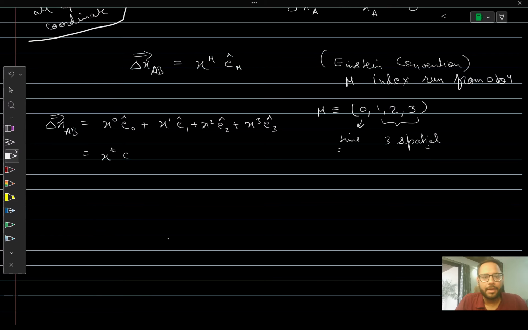The x0 component is my t component of this displacement vector, and this is in the t direction, and this is in the x direction, if I call it the x direction, suppose. This x is different from that x. You can mark them with a tilde or something to differentiate this x from that x. This is the y axis, and this is the z axis. This is how you expand them.